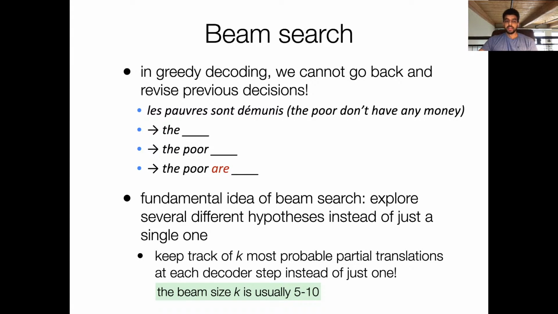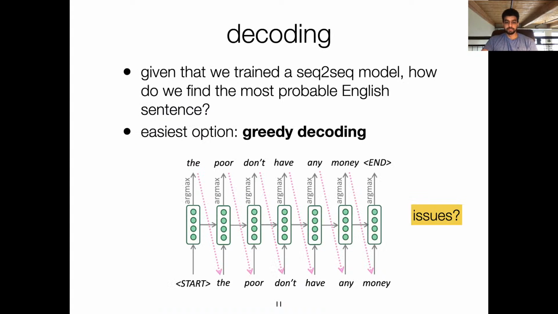If we want a method that allows us at least some capability of revising the decisions that we've made in the past, beam search intuitively allows us to explore several different translations instead of just a single one. In the greedy decoding case, I only have a single candidate translation and I'm adding a new word to it at every time step, right?